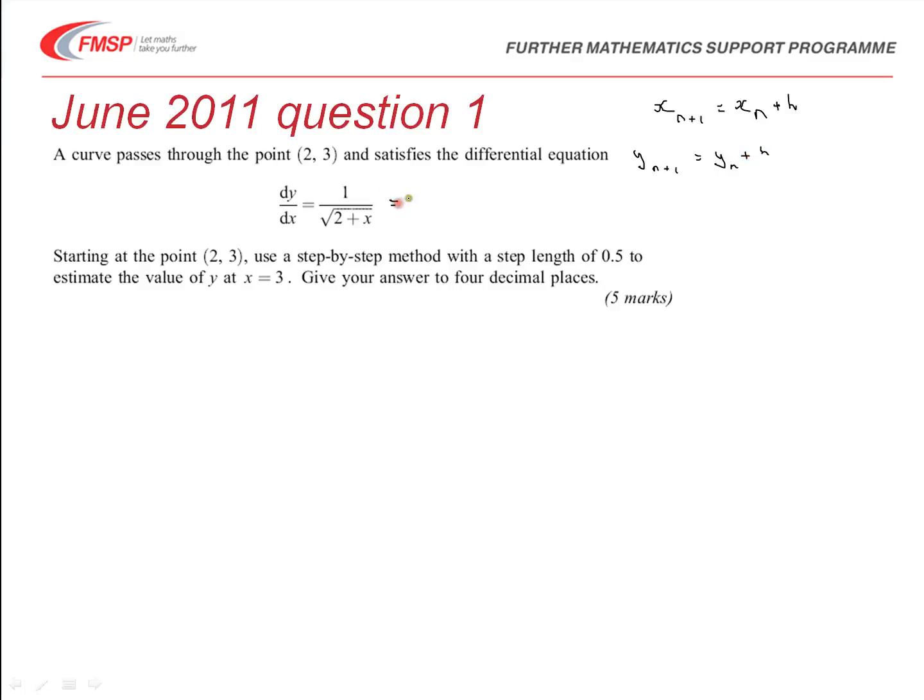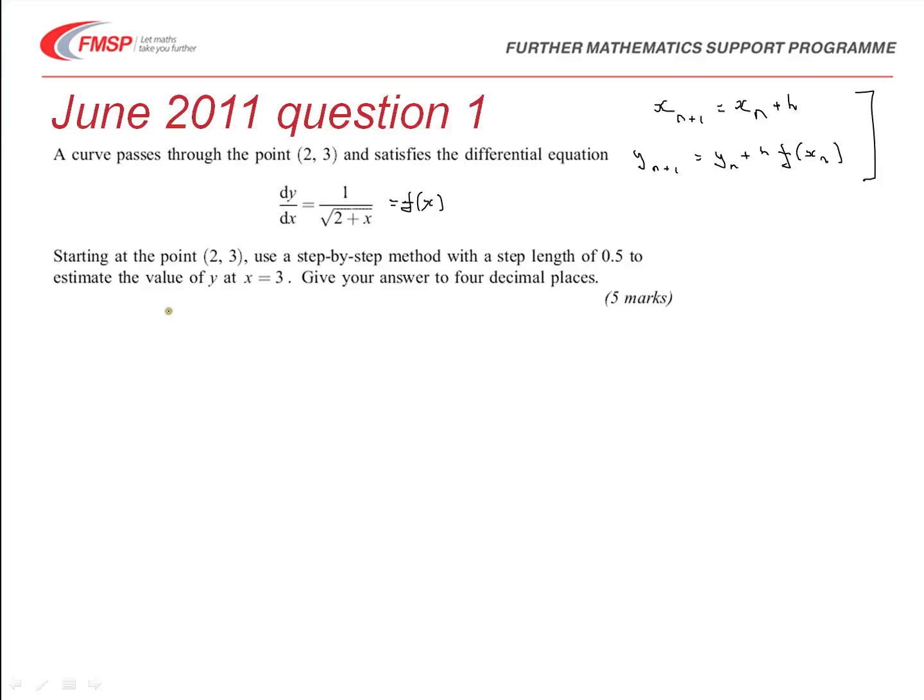So if we call the gradient function f of x, then to work out the gradient we have to calculate f at our value of x that we are starting from, that's xn. These are given in the formula booklet.